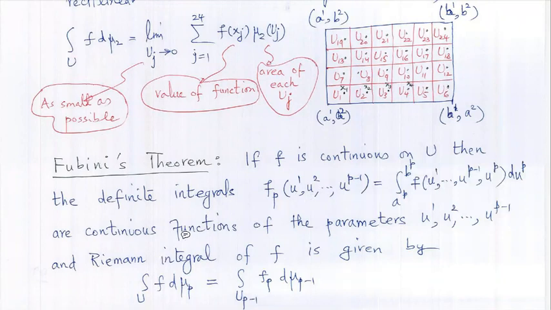These are continuous functions of the parameters u1, u2 up to up minus 1, and the Riemann integral of f is given by this. Then you can say that integrating this function on the p-cube is the same as integrating this function on the p minus 1 cube.